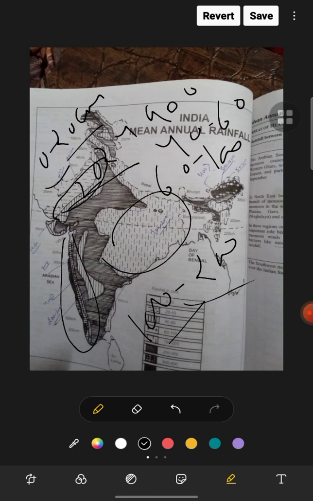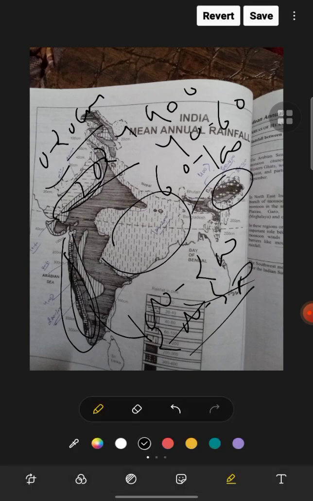Now 200 to 300, again this area. 200 to 300, this area also, and 300 and above, this Mawsynram and this area also.